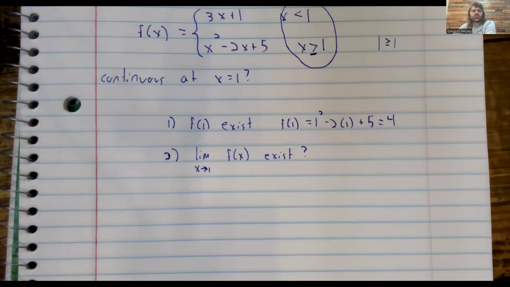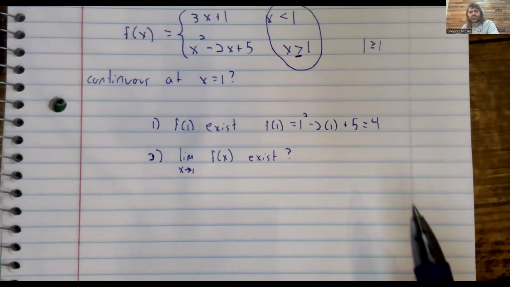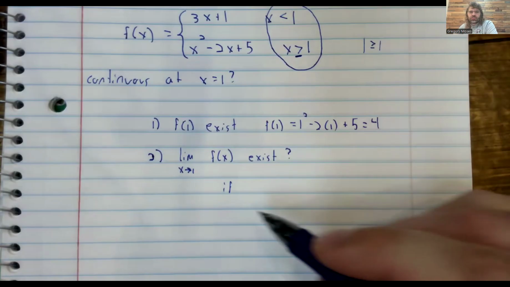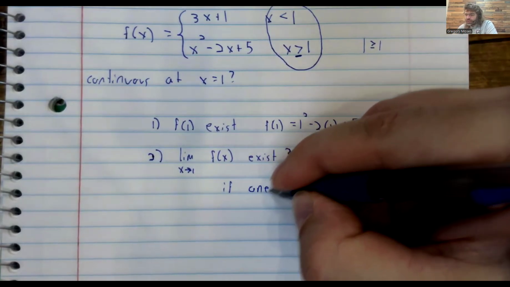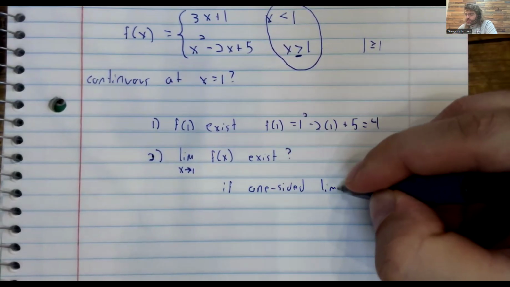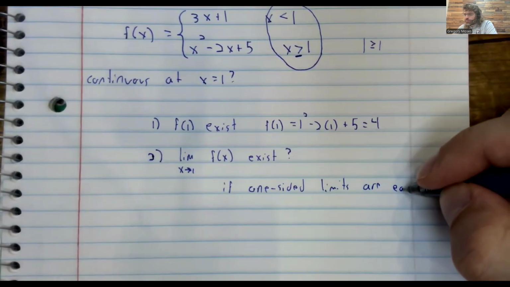Does this exist or does it not exist? But a way we have of answering that question is that the two-sided limit exists if the one-sided limits are equal.